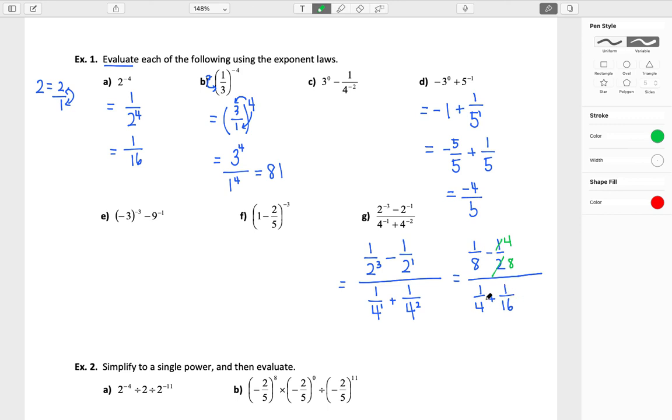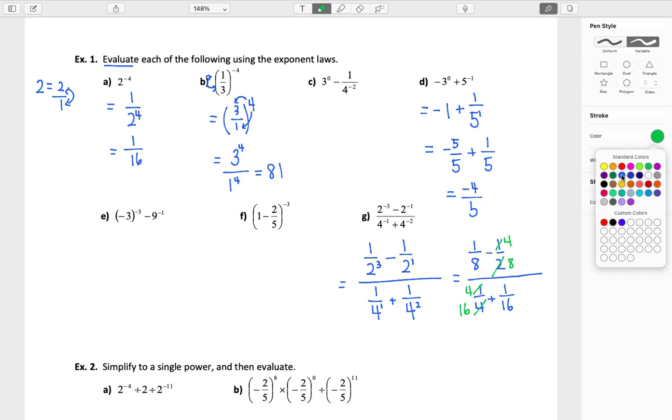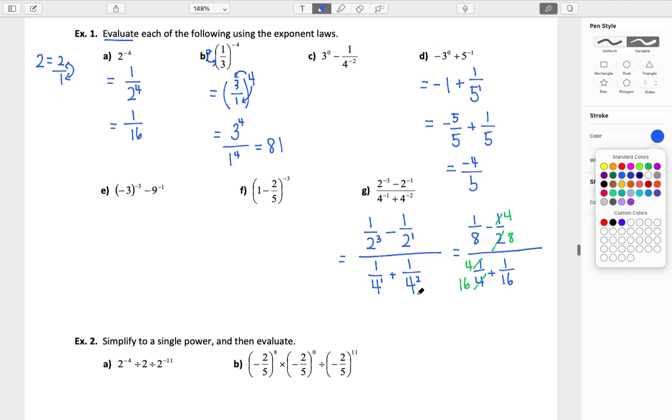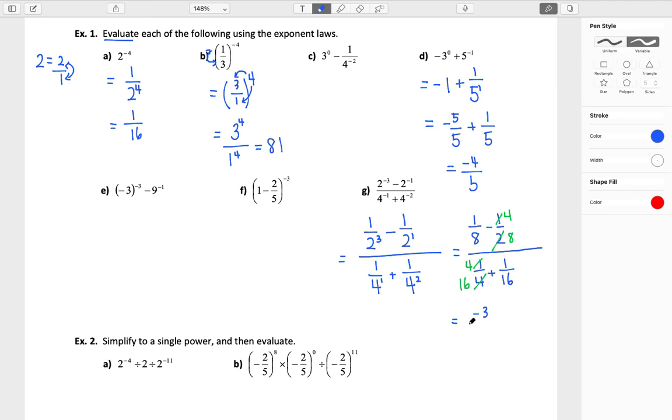And I'm going to multiply this by 4 to make 16. So therefore, it's going to be 1 minus 4, which is negative 3 over 8, divided by 4 plus 1, which is 5 over 16.